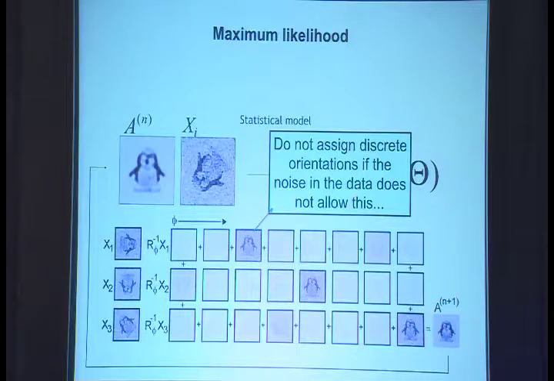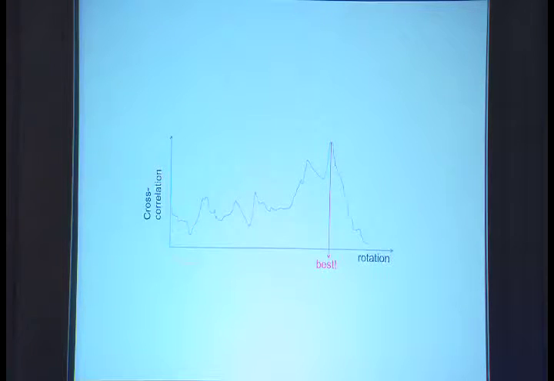Okay. The important thing is that if there is too much noise in the data, then maximum likelihood doesn't assign a discrete orientation. What I mean by that is, in a typical good image, you get a very nice peak. Then you can say this is the orientation based on the cross correlation. However, if the images are noisy, then you get something like this, where there is no discrete peak.